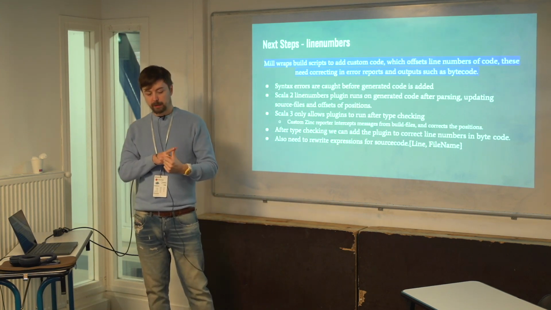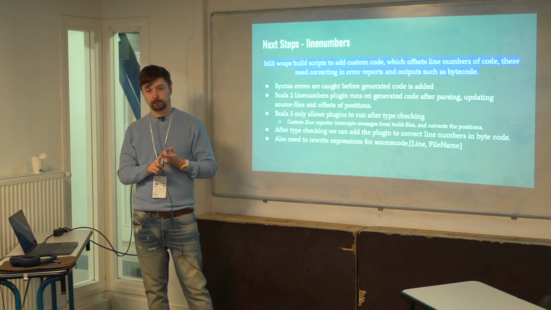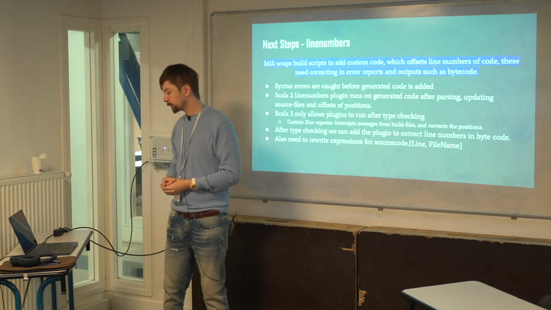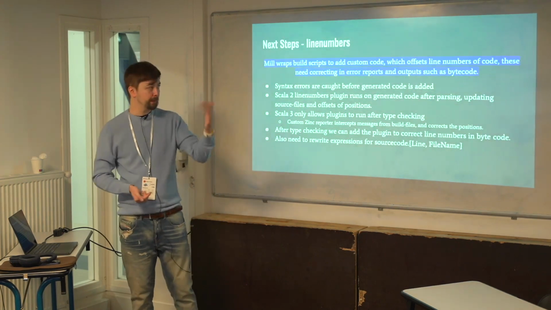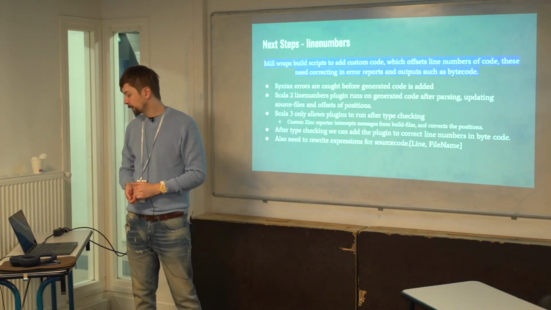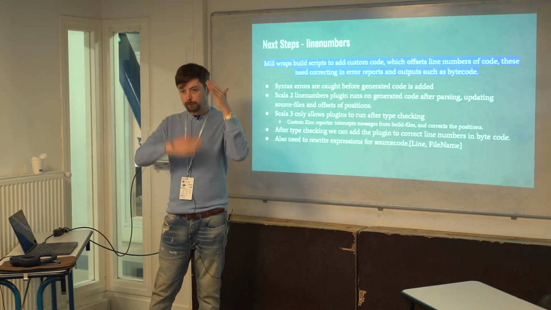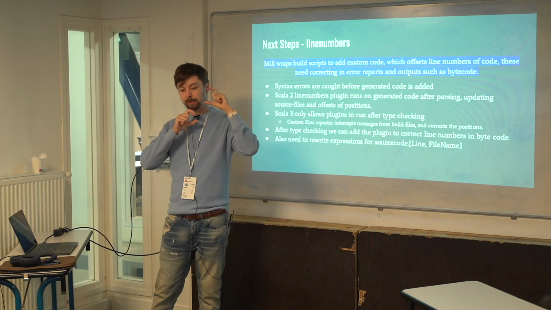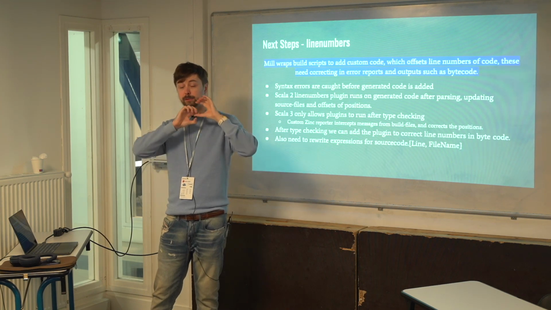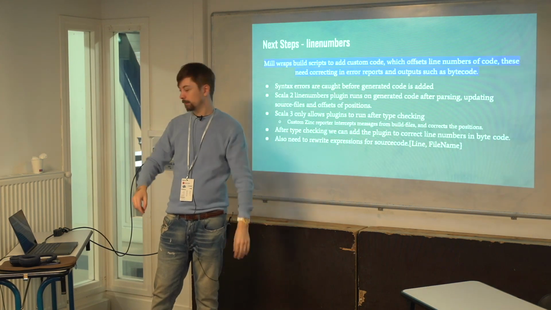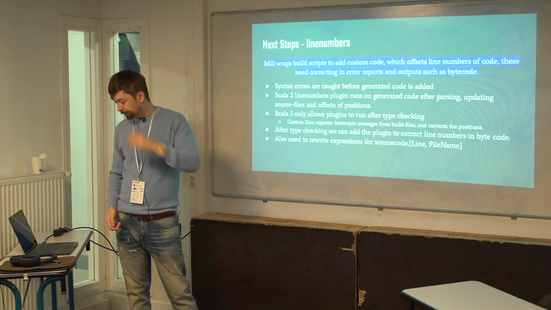So any parsing errors or any type checking errors would have the incorrect line numbers, if we implemented it in a plugin. So we had to do this thing where before we do the type checking, anytime the compiler produces some error, we have to look at that error and replace all the line numbers with this offset.